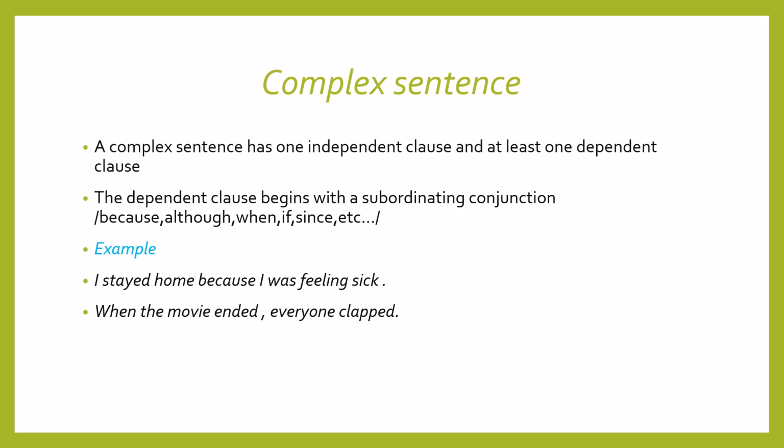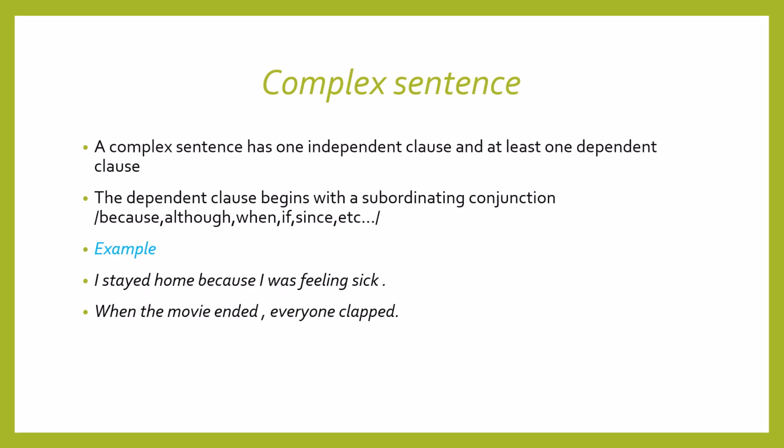First, because it started with a subordinating conjunction, because. Second, because it cannot stand alone. We cannot just come and say, because I was feeling sick. What else? We are expecting extra information to understand the meaning. So it cannot stand alone. That's why it is a dependent clause.